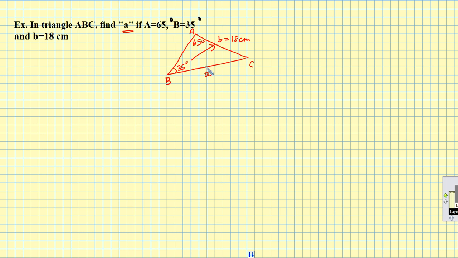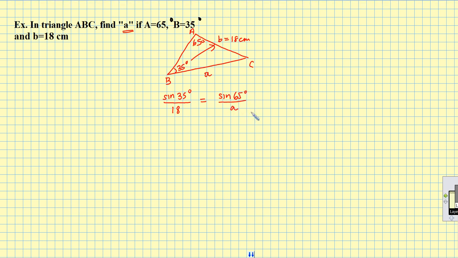So I have 3 out of the 4 terms that are necessary in order to solve for the length of the side. So I can do my ratio comparison here and say, well, the sine of 35 degrees divided by its opposite side, 18, should really have the same ratio as the sine of 65 degrees divided by its opposite side.